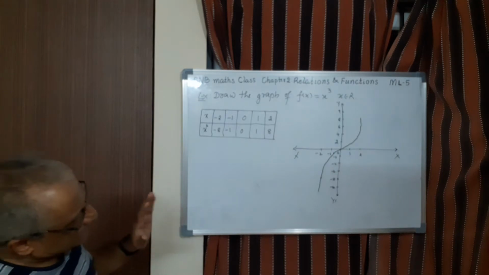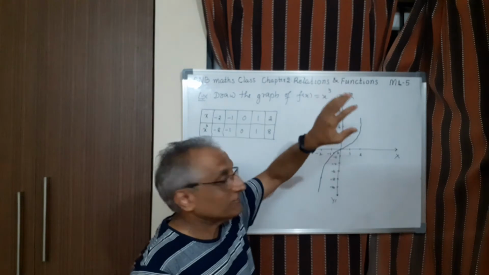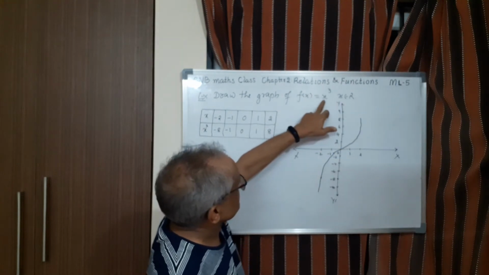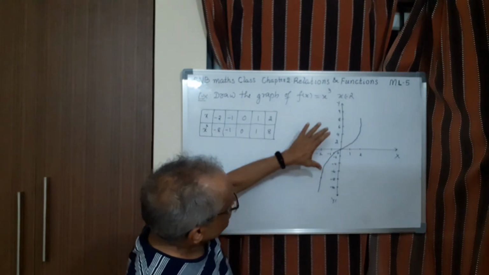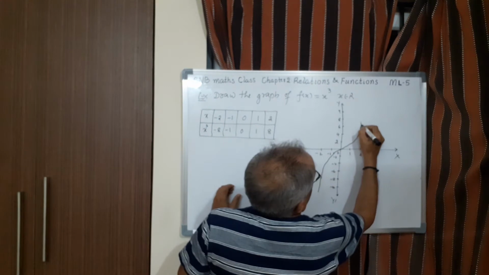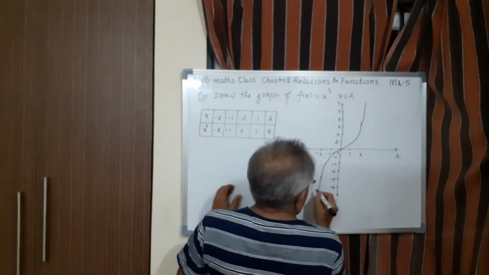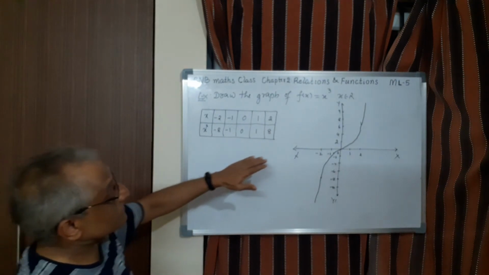Now from the graph it is very clear. Of course all the polynomial functions' domain is R because it is defined for all values of x. So the entire x-axis is the domain. And looking at the graph, definitely we can say if you take different values, it will go like this, and this side it will come like this. So definitely range is also R only.